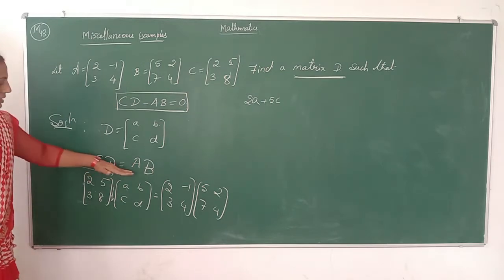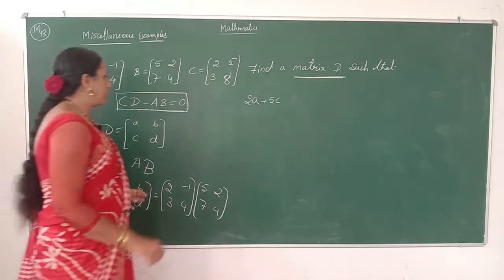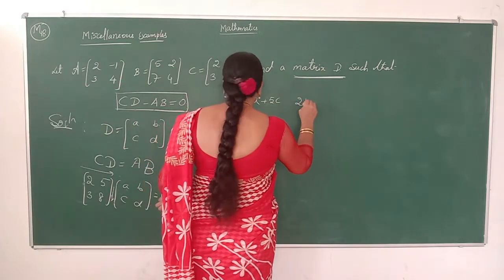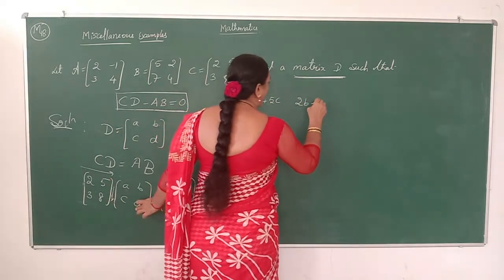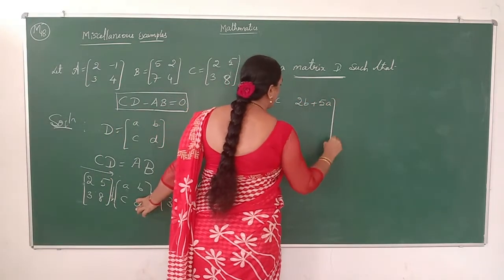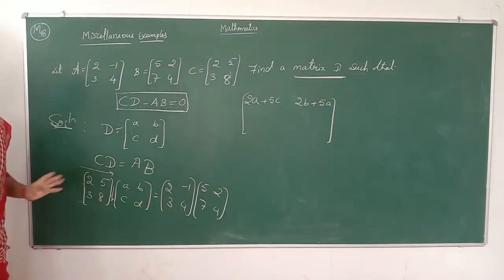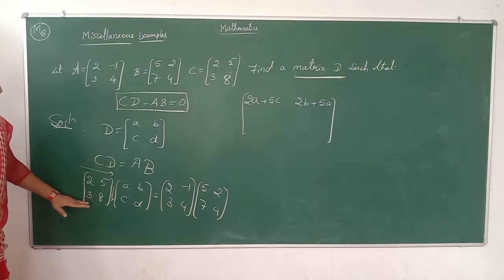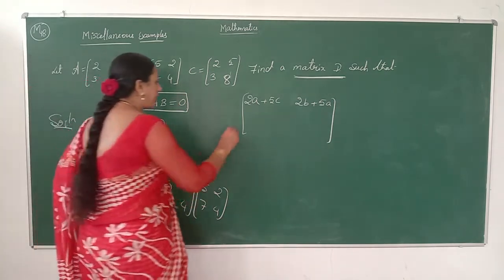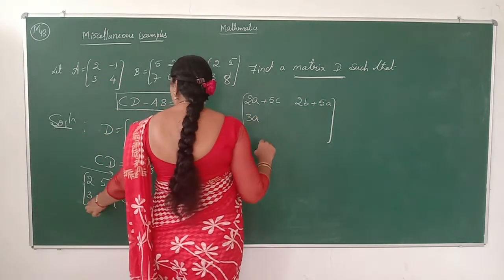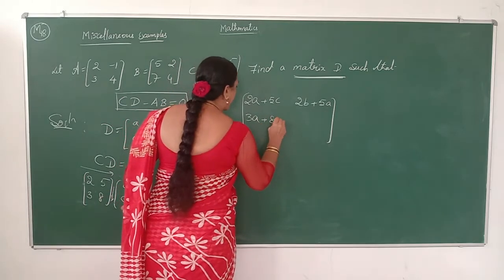Similarly, for the first row, second column, 2 into B is 2B plus 5 into A is 5A. These are the elements of the first row, second column. Similarly, in the second row, first column, 3 into A is 3A plus 8 into C is 8C.